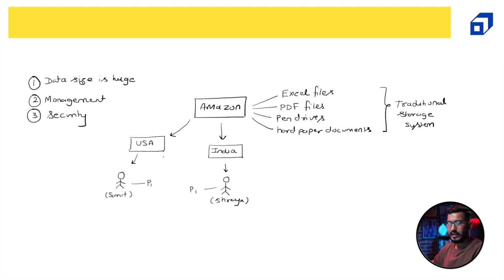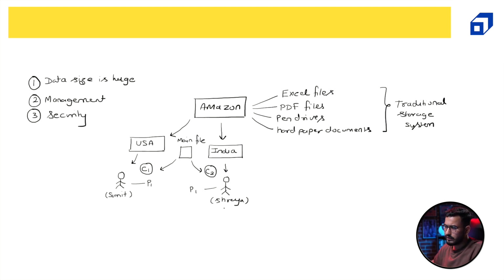So what Amazon has done as of now, they have provided the copy of the same file. So here we have the main file. I would call this as main file. And one copy is provided to Sumit. So I will call this as C1. Another copy is provided to Shreya. I'll call this as C2. Now, what is the problem?